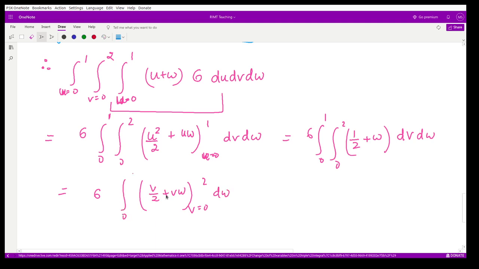So this is equal to 6, integration 0 to 1, of 1 plus 2w dw. Its integration simply is 6 times w plus w square, with limits from 0 to 1. So we have the final answer as 12. This is how you shift your variables from Cartesian to some other coordinate system.